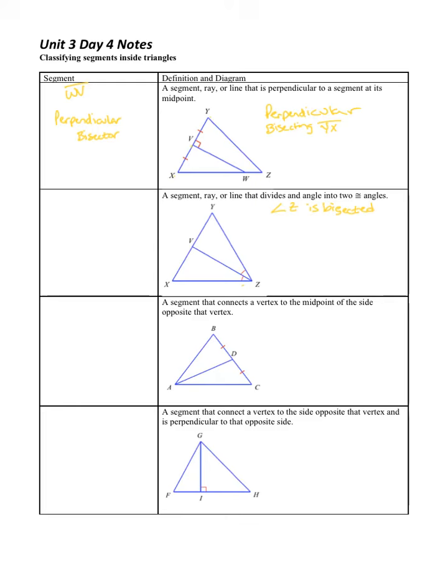You have two congruency markers here, 1 and 2, which means angle YZV is congruent to angle XZV. So angle Z has been bisected. So we call this ZV an angle bisector. The symbols told us so.